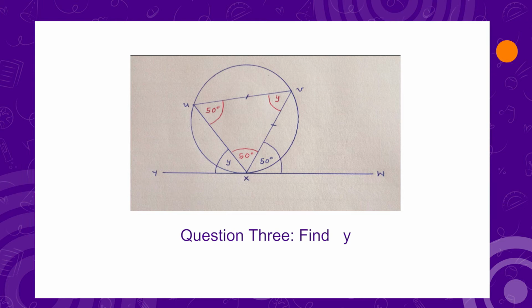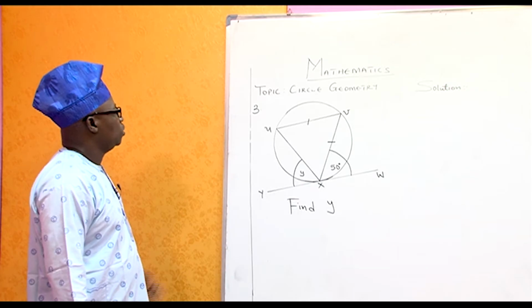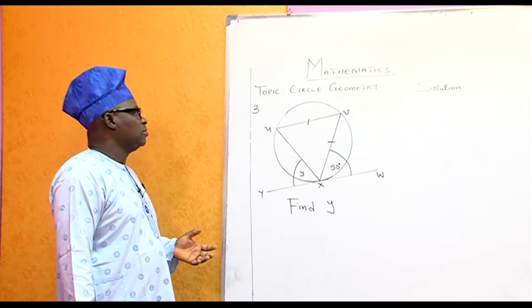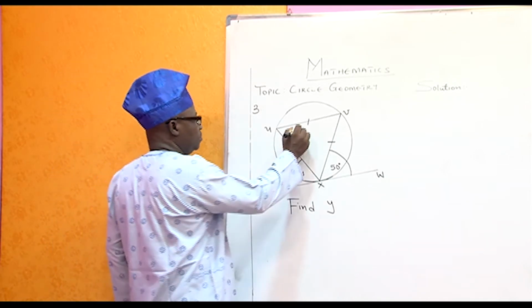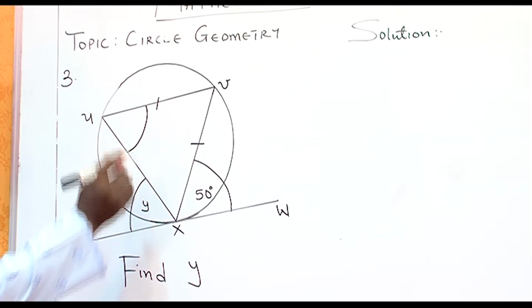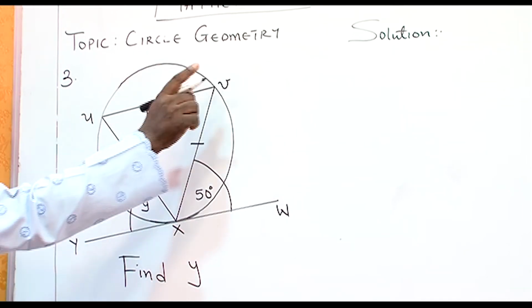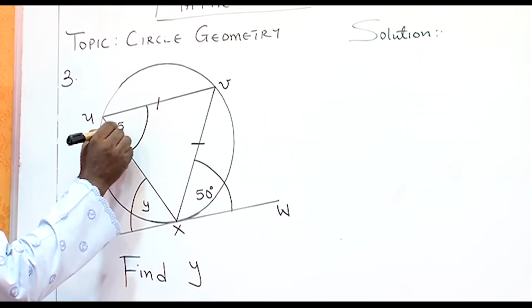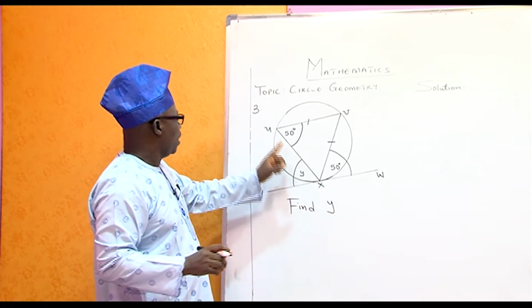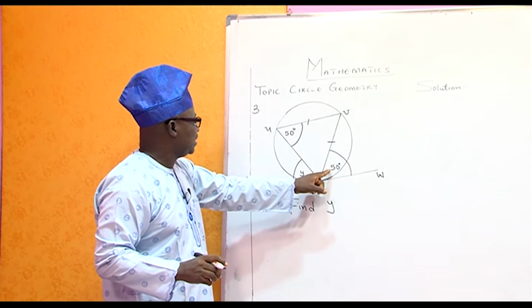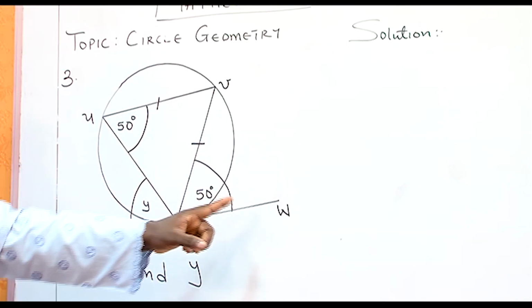Now, when you look at the arrangement of this diagram, what should come to mind is the angles in alternate segment. So in this case, this angle here, which is angle XUV, is going to be 50 degrees because angle XUV is the same as angle VXW.